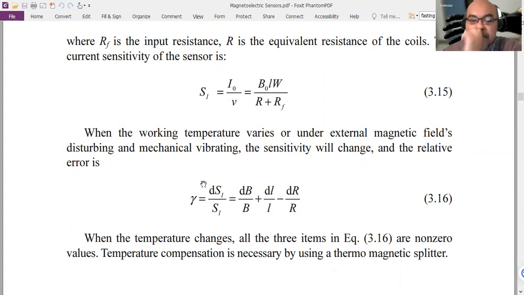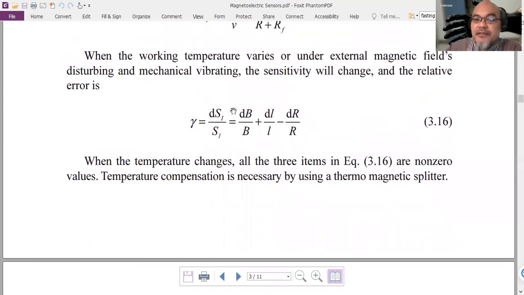The relative error gamma is defined as dS over S, which is equal to dB divided by B plus dL over L minus dR over R, because R is in the denominator in the S formula.